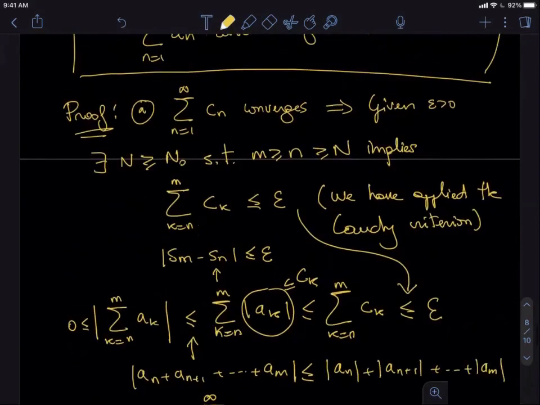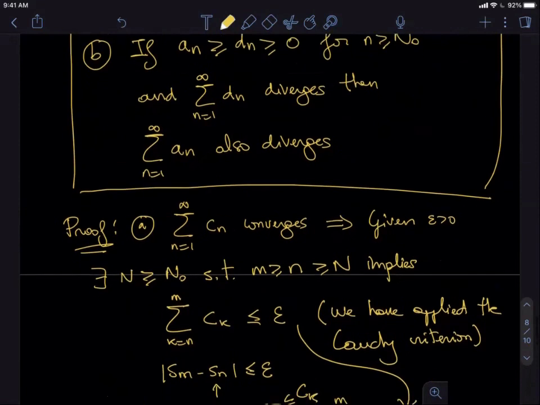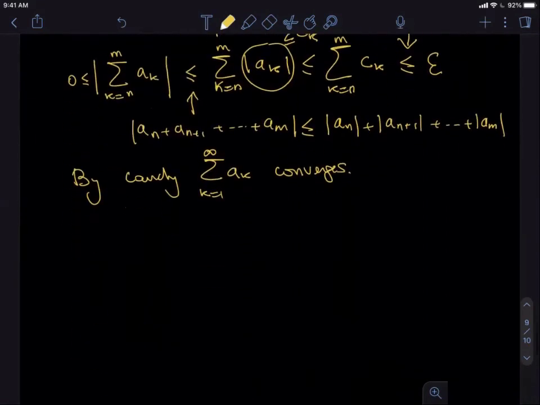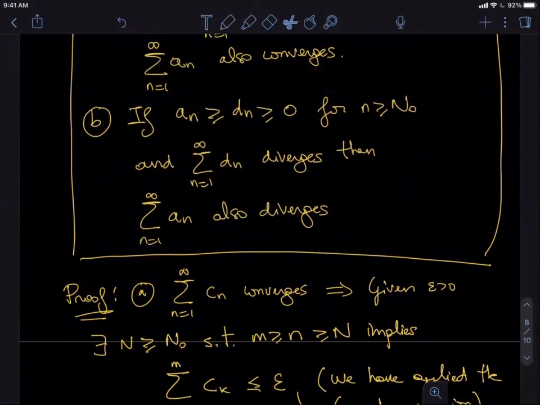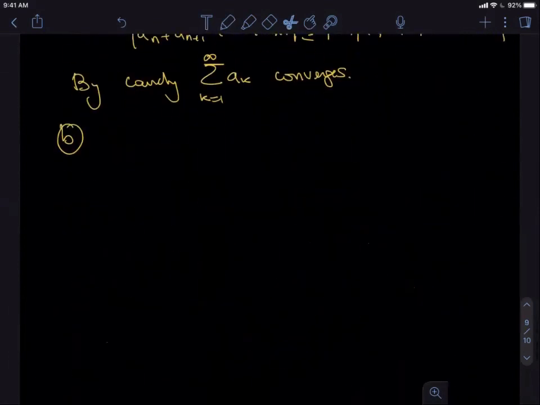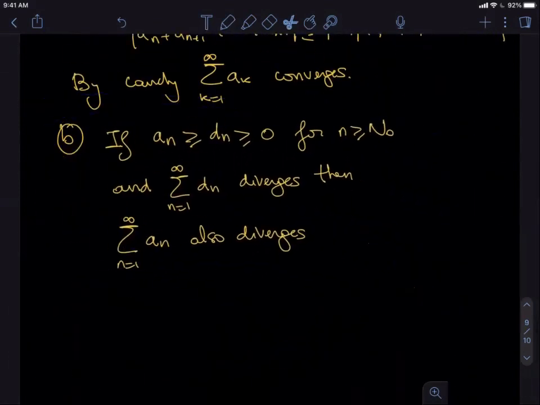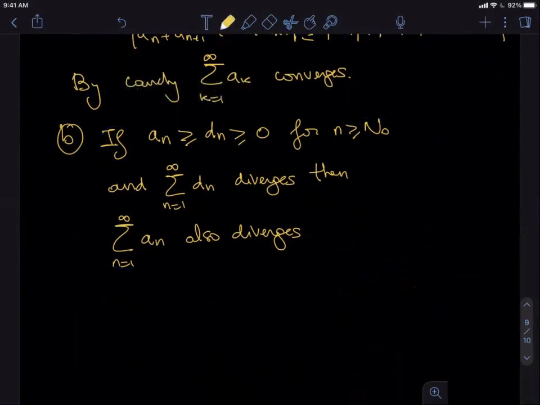And we have part B also. Let me copy. So for part B, this one actually follows from part A, right? Because notice what happens. Because an is bigger or equal than dn, we have that the sum of the dn is lesser or equal than the sum of the an.